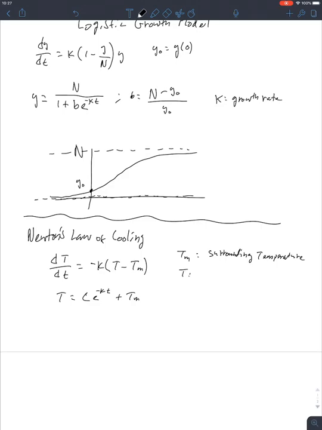T is the actual temp of the object. K and C are constants, so they don't change for the problem or for the material that you're dealing with.